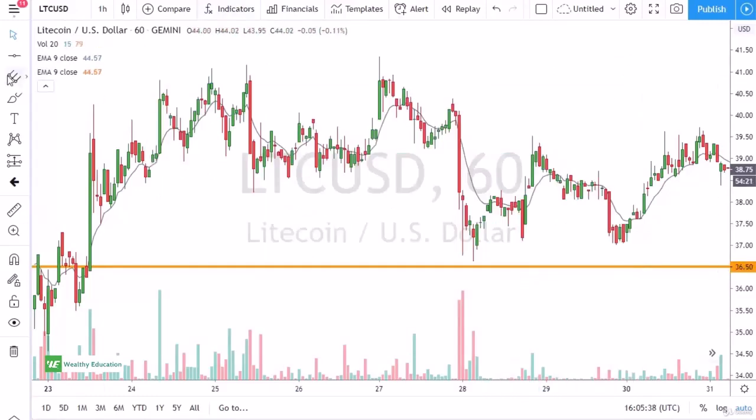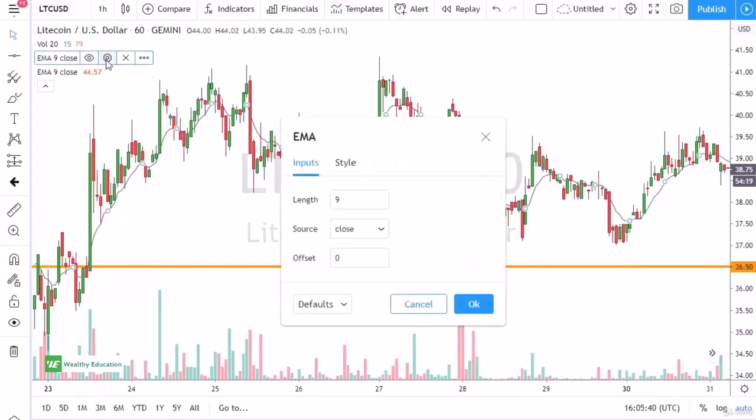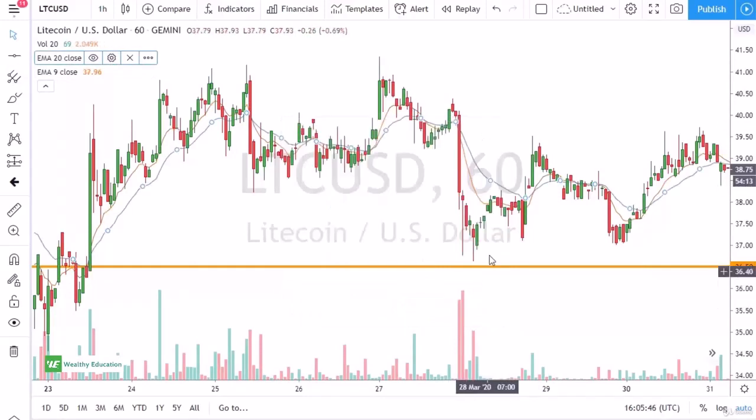And you can see that the candlesticks had been spreading, right? But notice how the moving averages had been spreading. But notice how we slammed right into this moving average. Now that could have been your initial target.